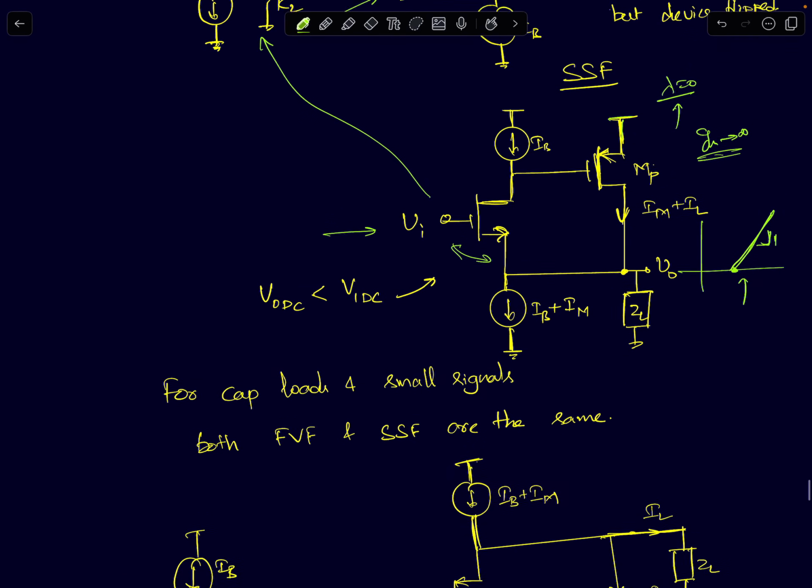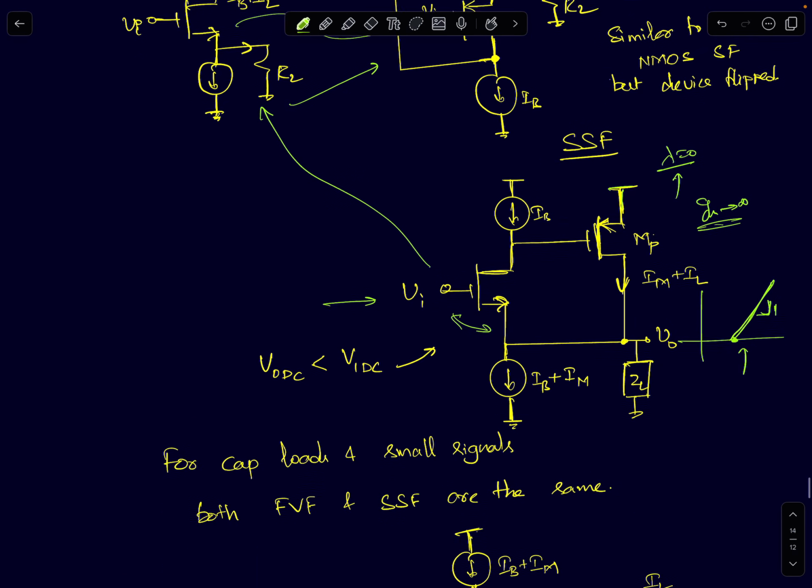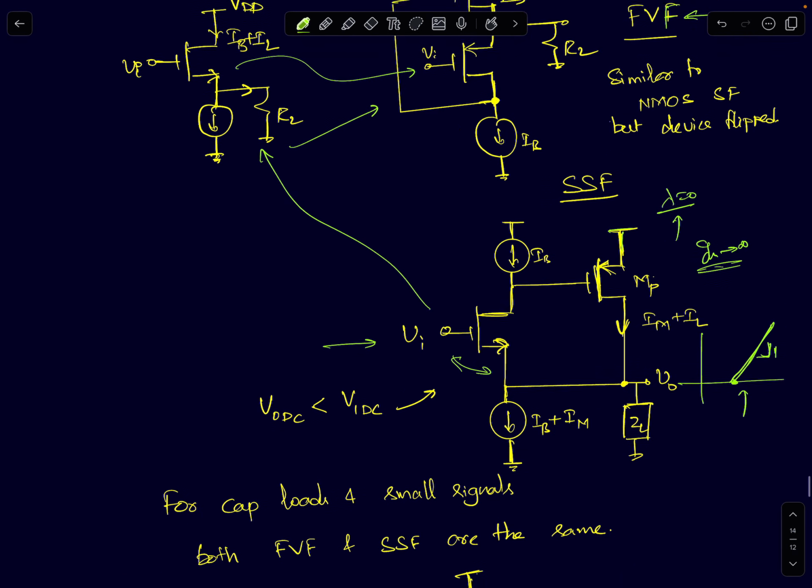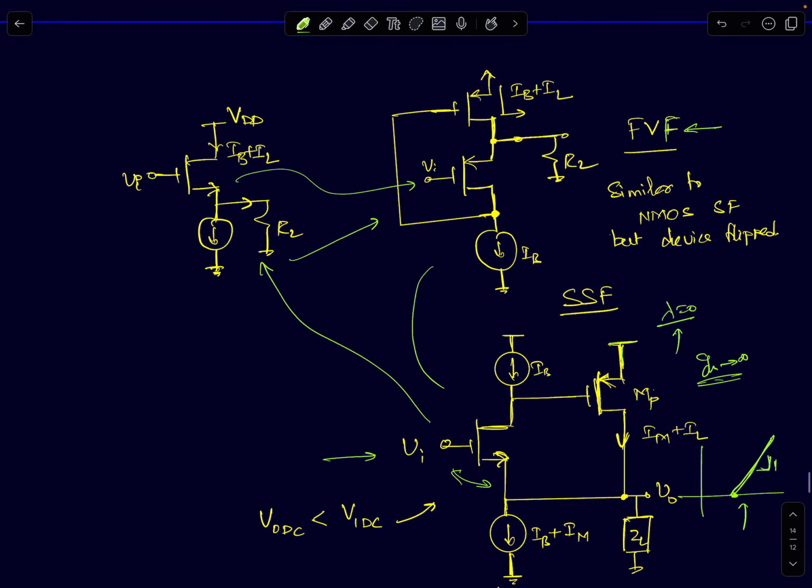Now for the commonalities: for capacitive loads and small signal wise, both these circuits are the same. Flipped voltage followers and super source followers have the same structure for capacitive loads and poles. The other major difference between the two, the obvious one, is that the output DC is lower than the input DC.